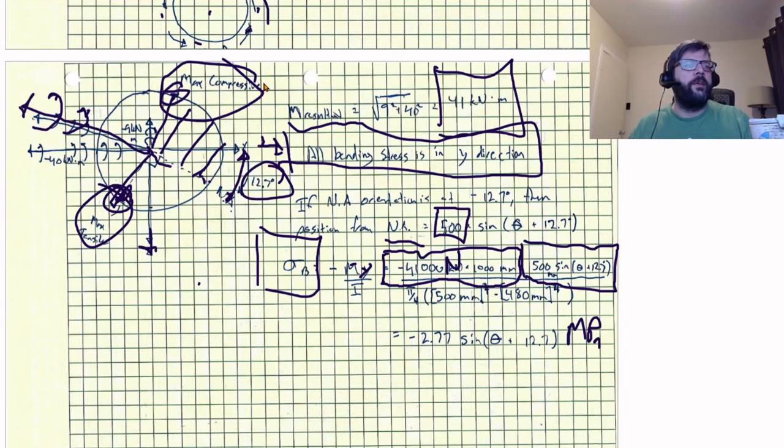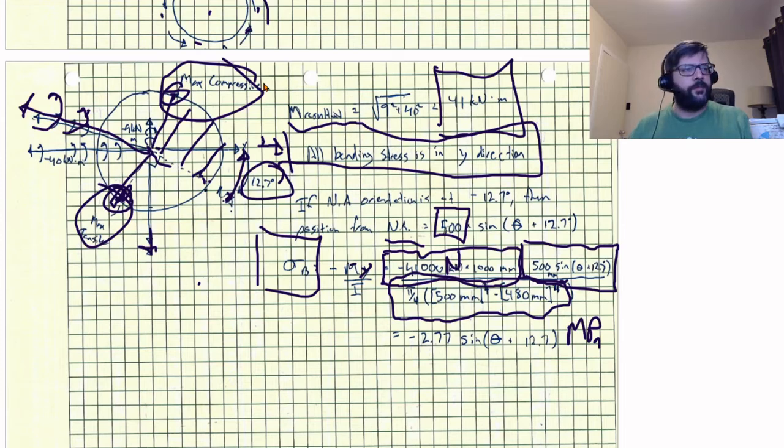And then our I is just based upon the radii we're working with: pi over 4 times the outer radius to the fourth minus the inner radius to the fourth.